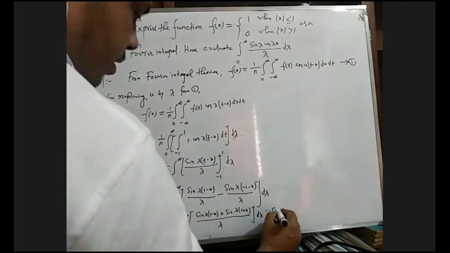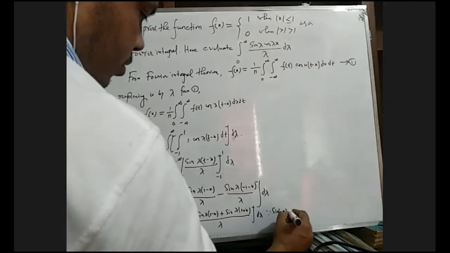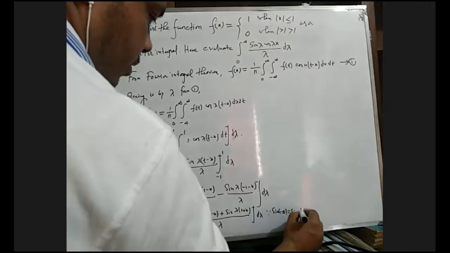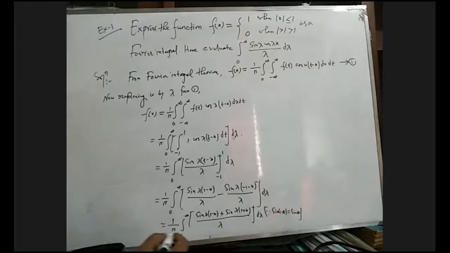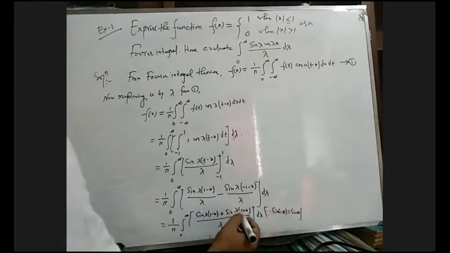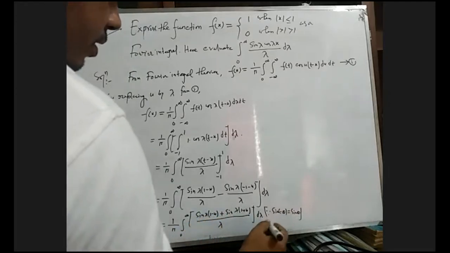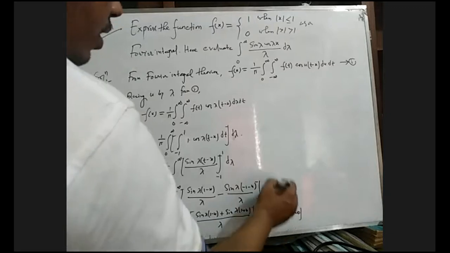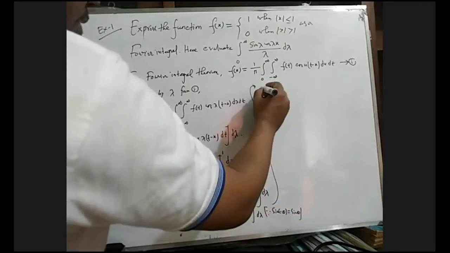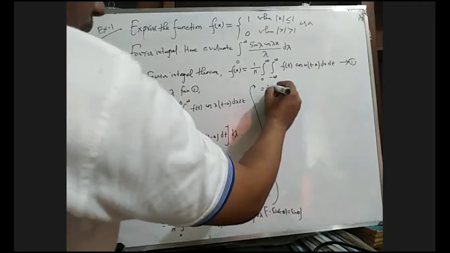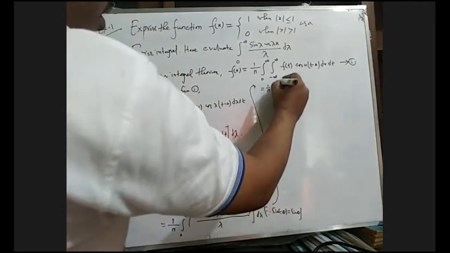Since sine minus theta equals minus sine theta, you must know the sine C plus sine D formula. After this line, this equals 1 by pi, 0 to infinity.